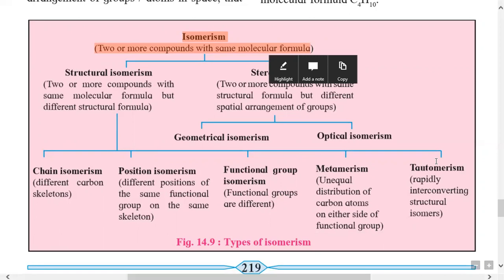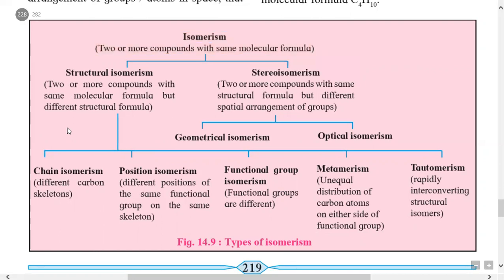In structural isomerism, two or more compounds have the same molecular formula but different structural formulae. In stereoisomerism, two or more compounds have the same structural formula but different spatial arrangement of groups; geometrical and optical are the types.